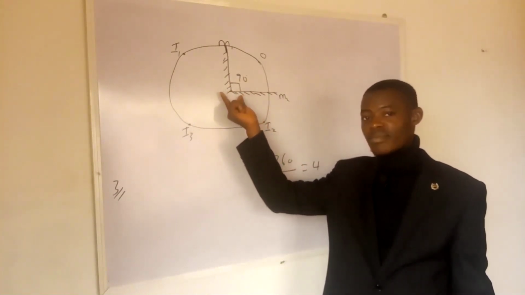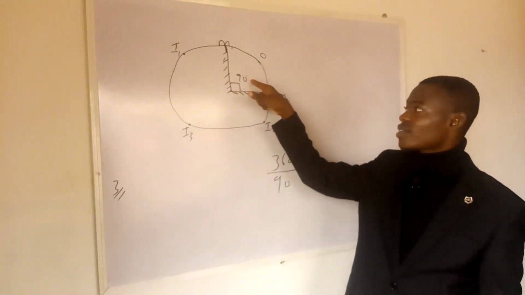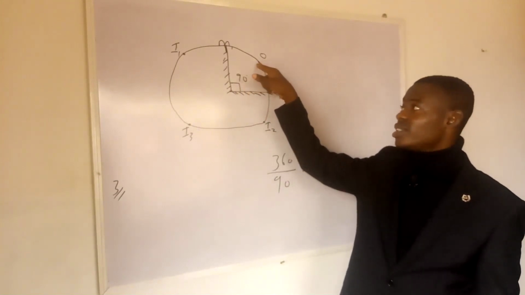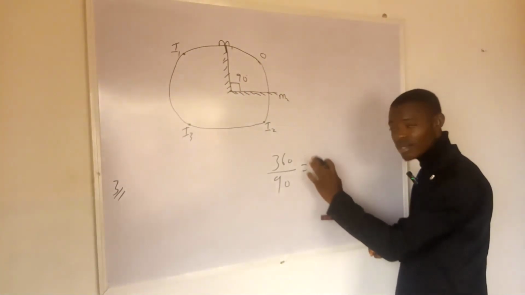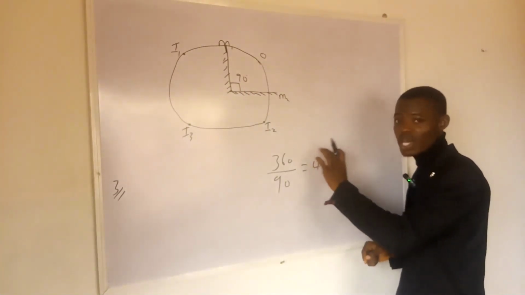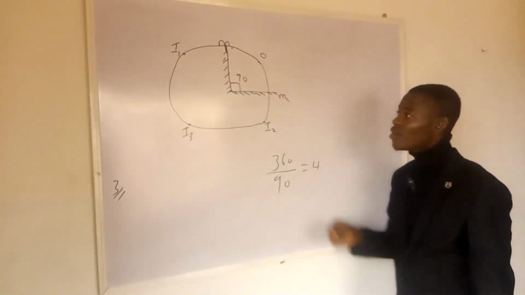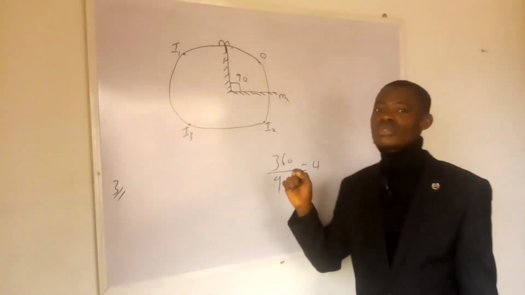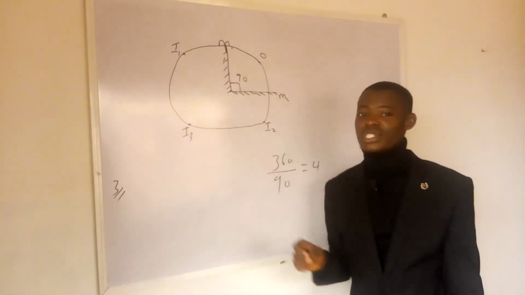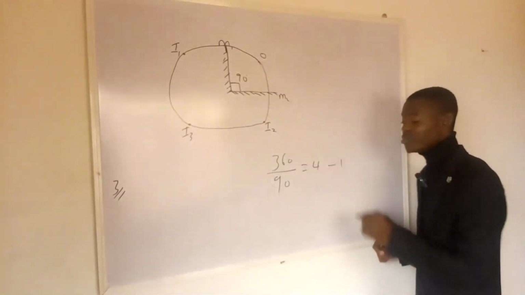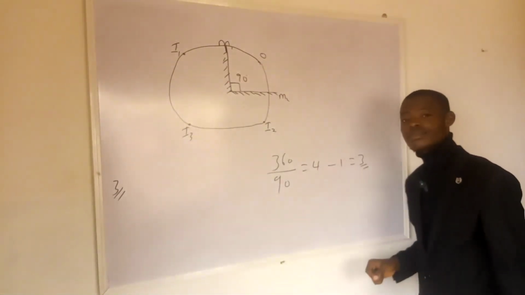Each of them will have an object in it. However, in one of those sectors, it is the real object that is there. The rest are for the images. So we can subtract 1 from it and we have 3.